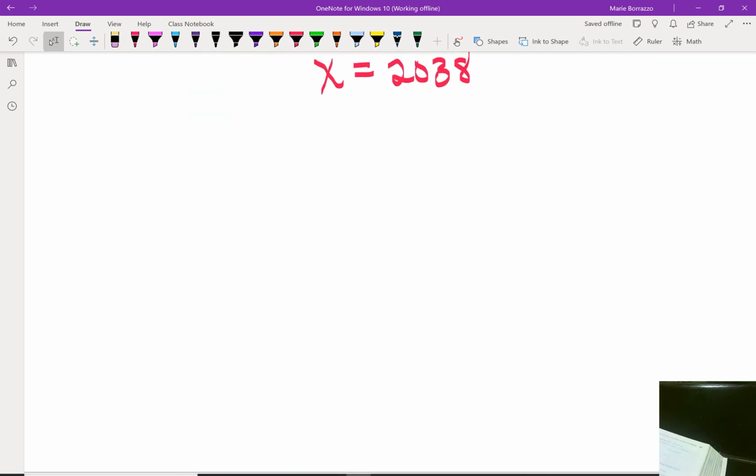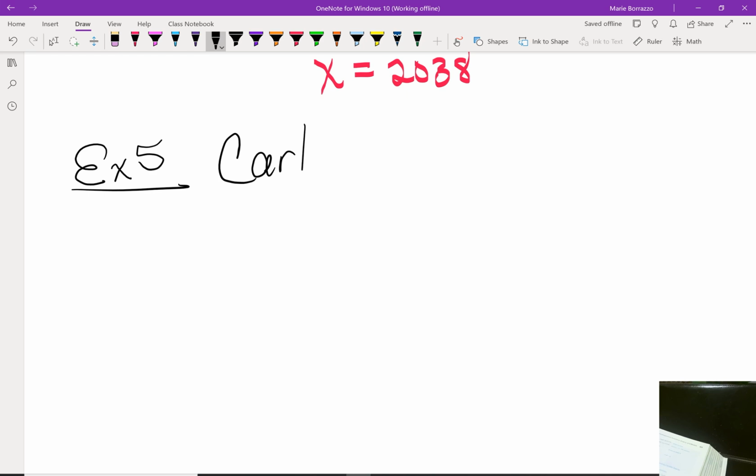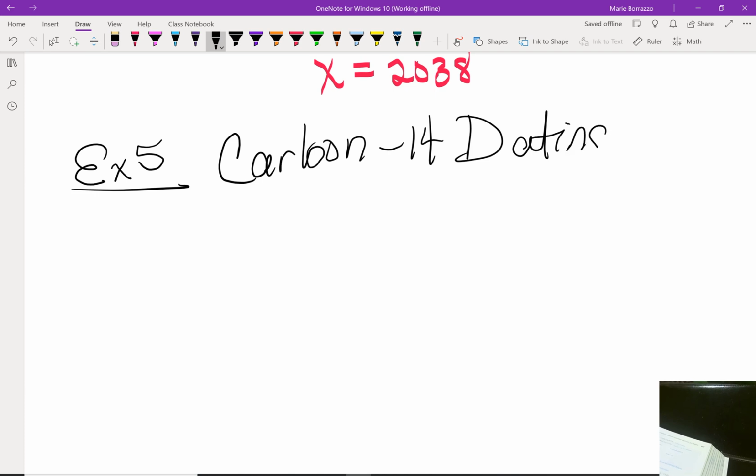The last example I'm covering here, example 5, no luck yet, which is carbon-14 dating. And so in this case, they tell you a formula. They start you with carbon-14 is a radioactive form of carbon that is found in all living plants and animals. It says after a plant or animal dies, the radiocarbon disintegrates.